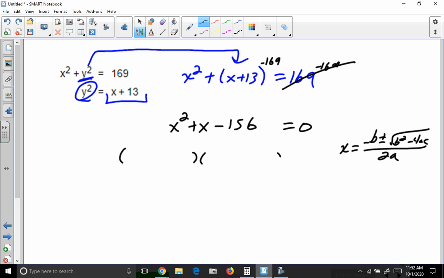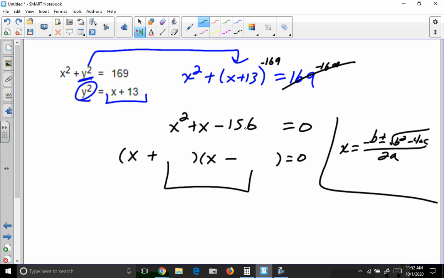I recognize here, and this is just talking through what my thought process is, I know x squared is x times x, and I know my signs have to be opposites. So if my signs are opposites, then these two numbers have to multiply to make 156, and they have to have a difference of 1.